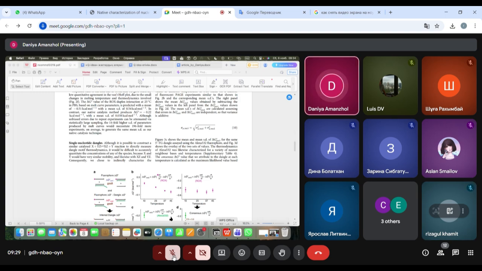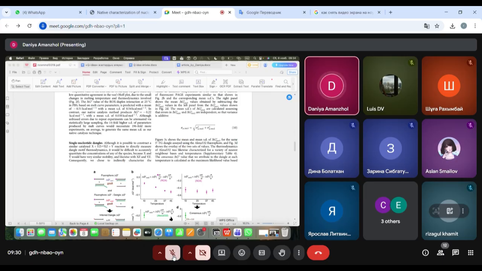Traditional thermodynamics comes from the melting experiments, as I said, and those experiments are done in highly salty buffers. For instance, they used 1 molar sodium buffers and high temperatures, which don't reflect physiological conditions.